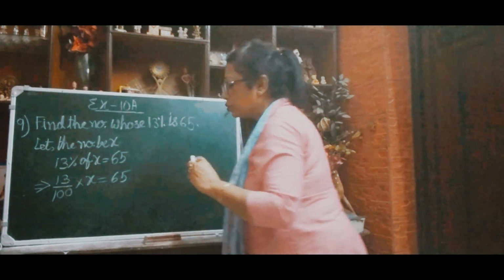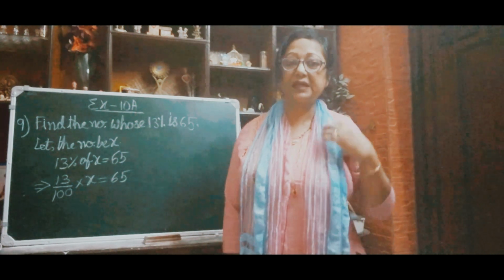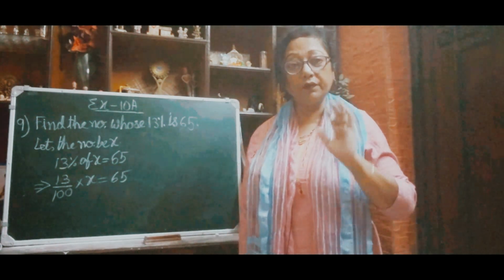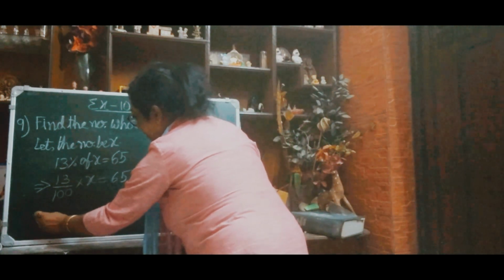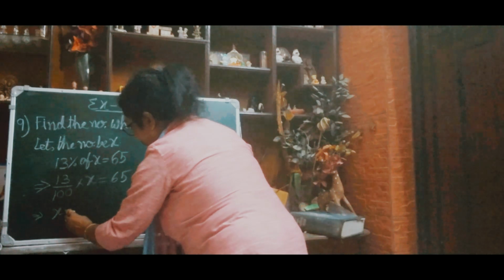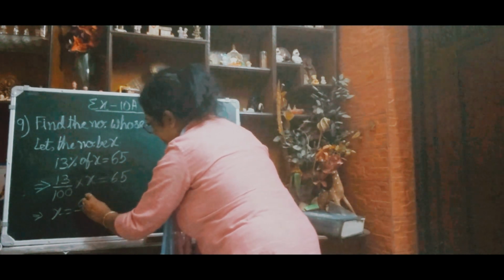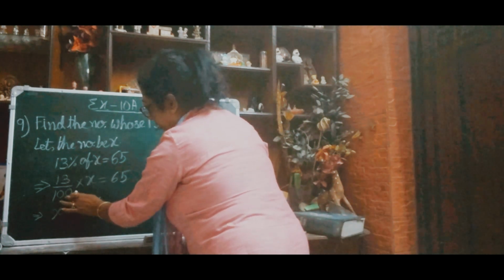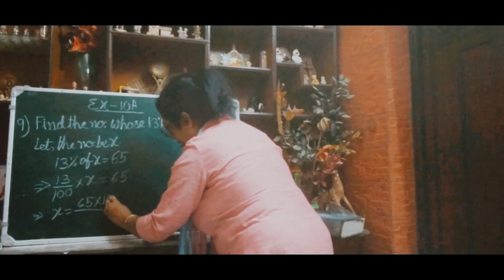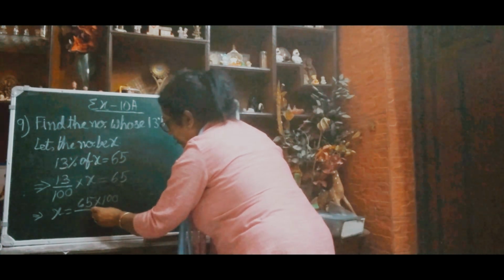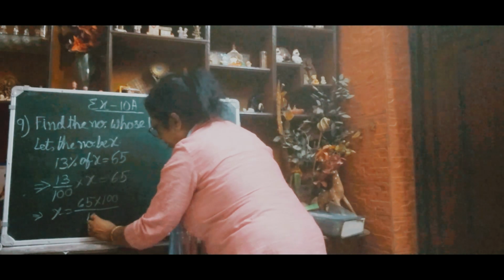Now children, those who become confused when you change the side of the numbers, listen carefully, so you will never make a mistake. That implies x equals 65, and the denominator 100 will come up in the place of numerator, and the numerator 13 will come down in the place of denominator.